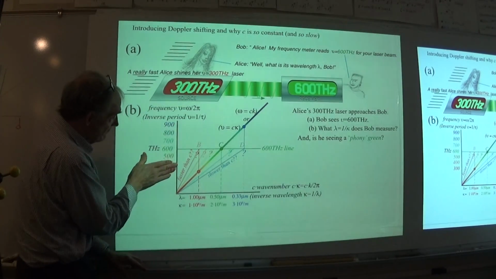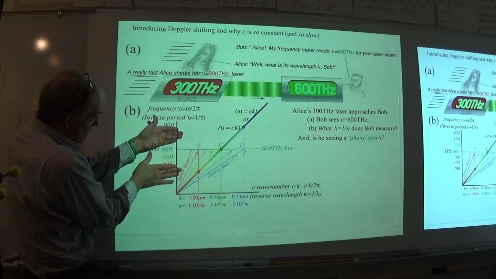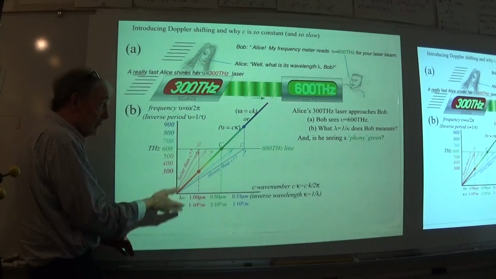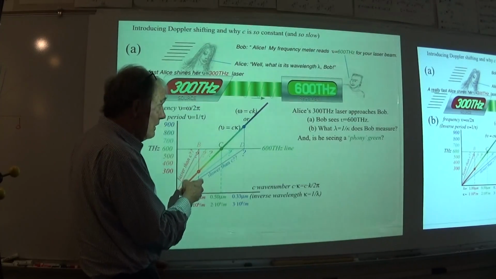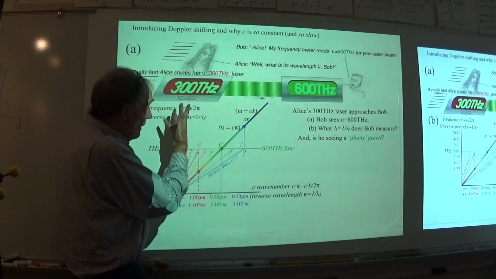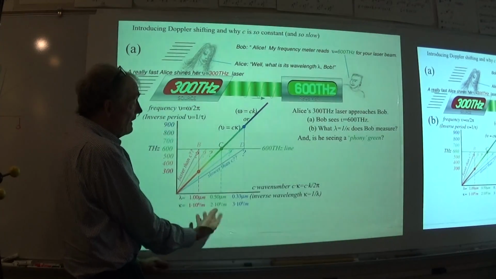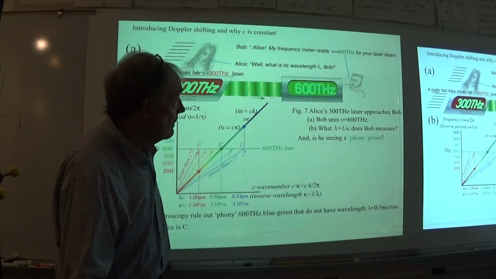The actual visible is about there and there, but I'm using color sort of loosely here. In any case, the question is, he knows he's got 600 terahertz, but where in this graph is that light supposed to be? Okay, so let's push ahead here.